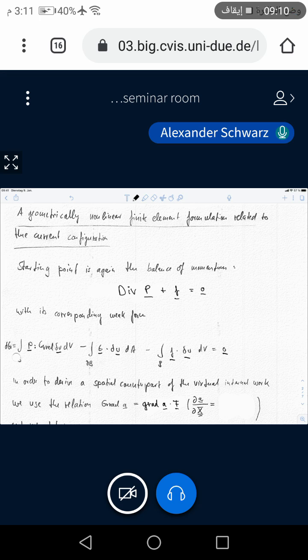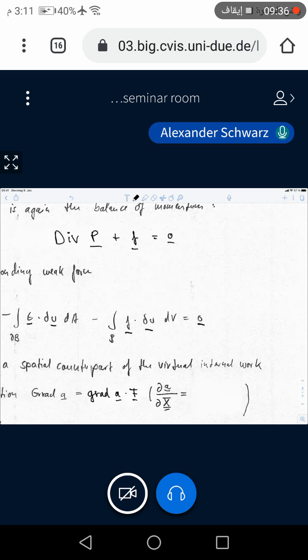In order to shift something to the spatial counterparts, we not only have to shift tensors, so you all know from continuum mechanics that you can make a push forward for the second PK, for example, to tau or something like this. We also have to move our derivatives to the current configuration, and that is given here.